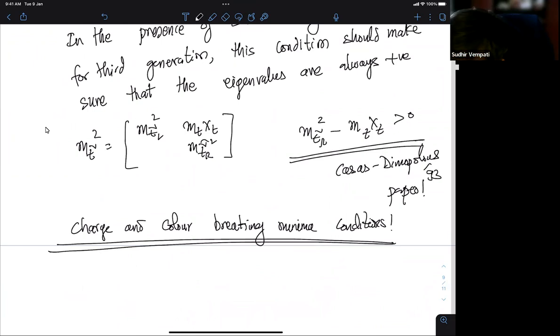Okay. So the point is that it's a combination of different scalar fields now. You have the Higgs fields and the stop fields. Suppose the stop field gets a vev, but it is a very shallow well, and the Higgs well is much deeper, in which there is no color and charge breaking minima.